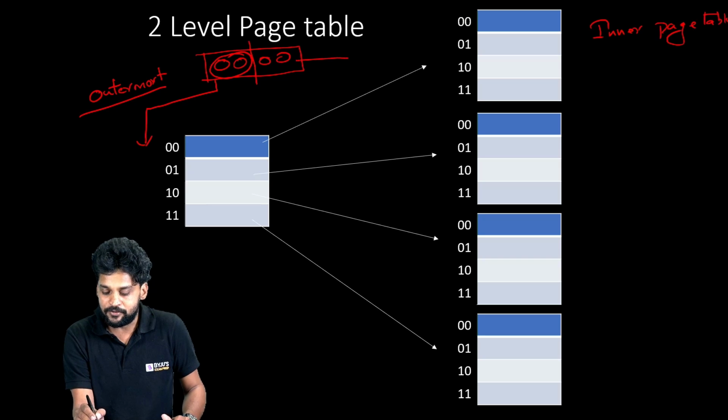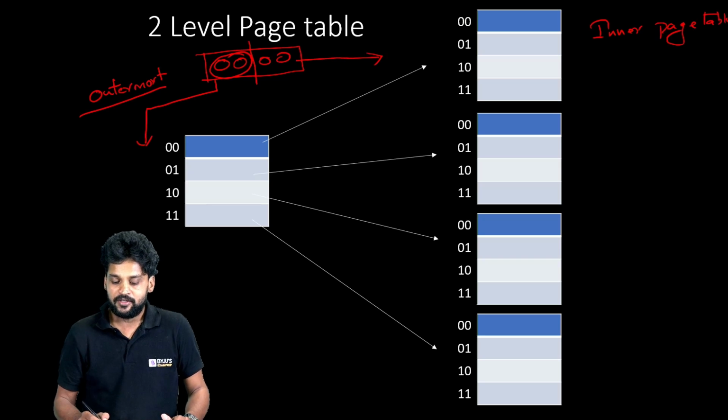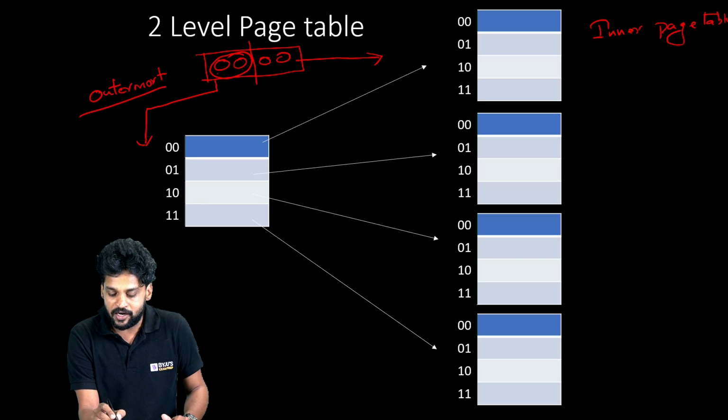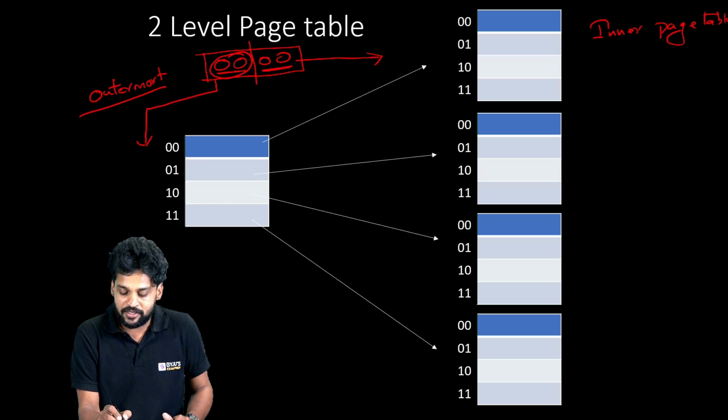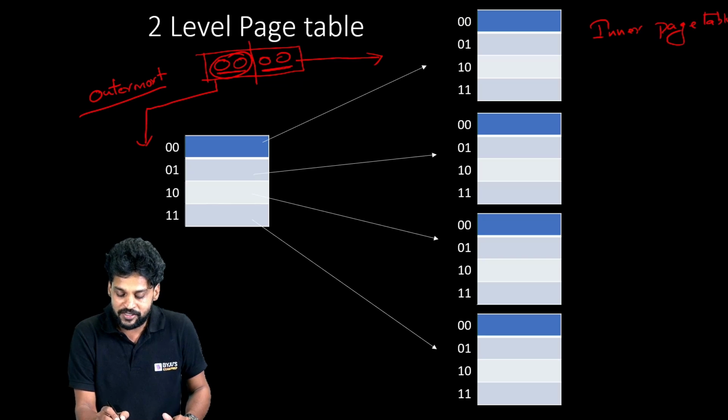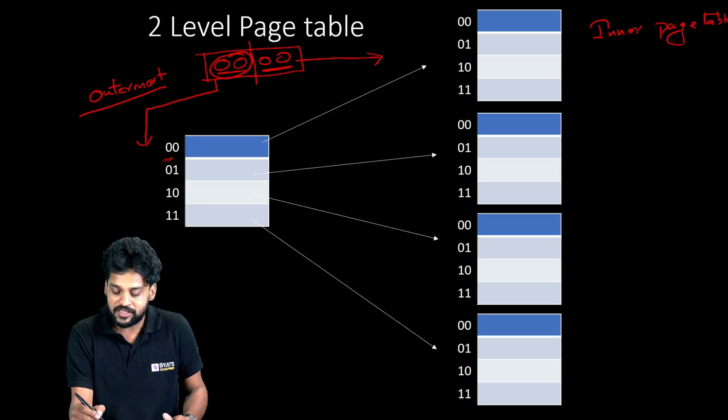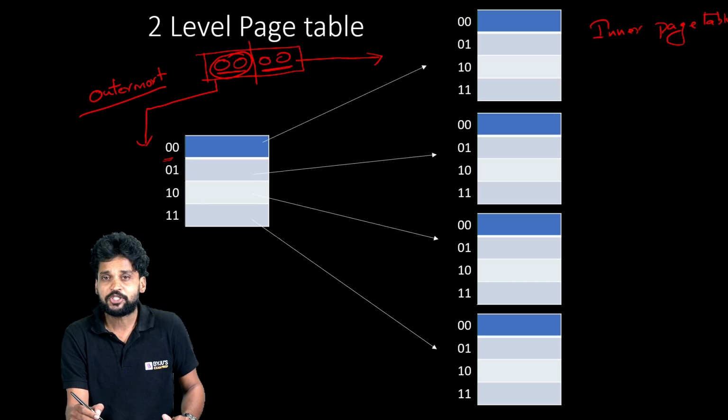This field will refer to the innermost page table. So every combination of the outermost value will have 4 combinations in the inner page table. That is 00, 01, 10, 11. All these values will have corresponding 4 values within the innermost page table.